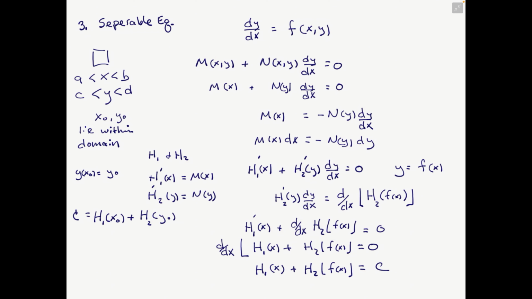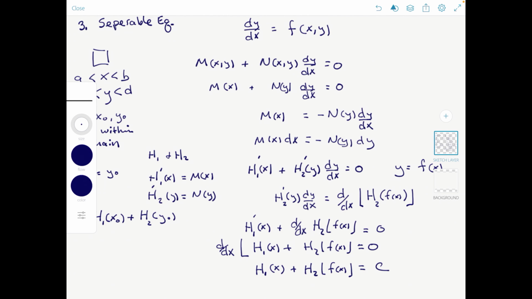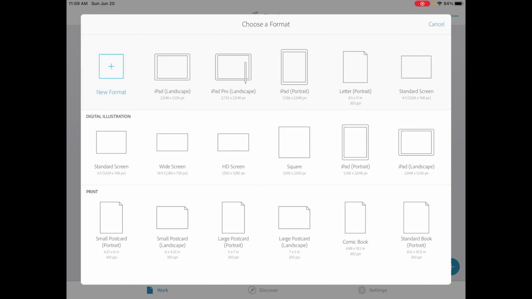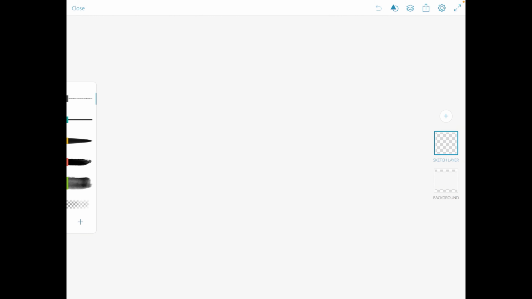So that is pretty much what we covered with separable equations. We looked at a number of examples. It's being able to bring the proper variable to the differential and separating them out such that we're able to take the integral.